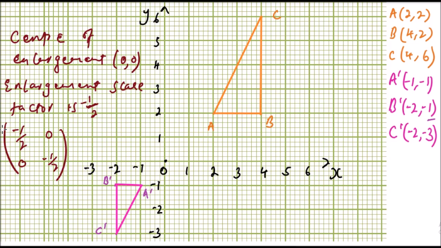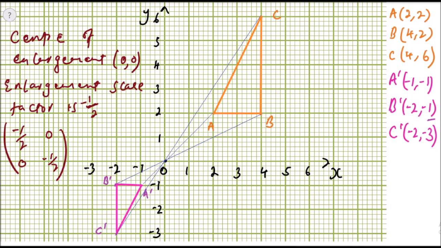If you are not able to see the enlargement, you can join lines. Let's join the lines A to A prime, B to B prime, and C to C prime to see how it looks. You can see that they all pass through the origin, that is 0, 0, confirming that that is the center of enlargement.